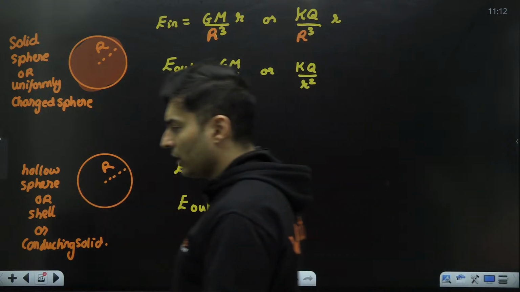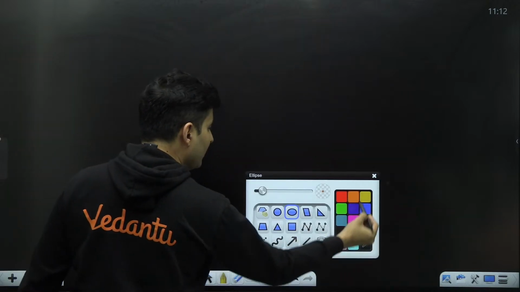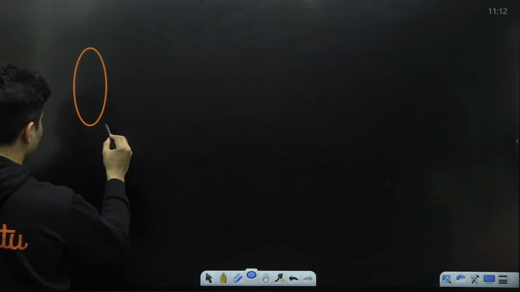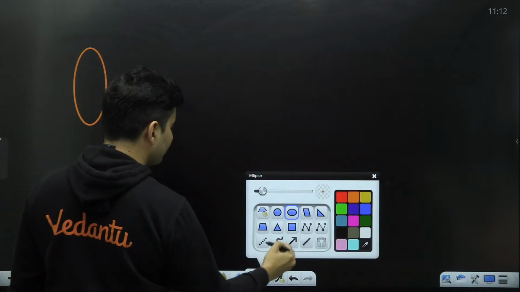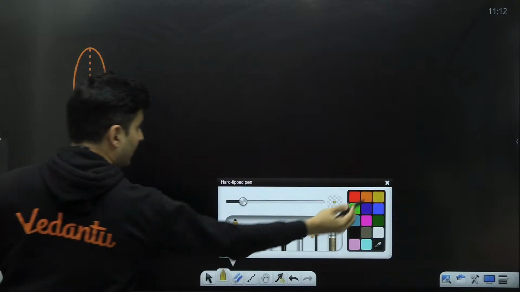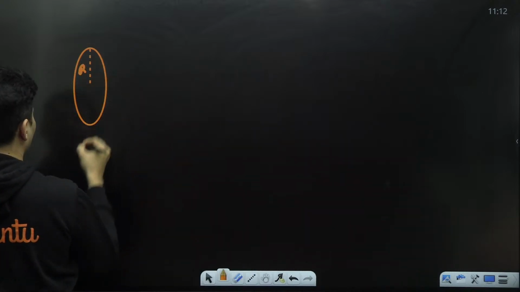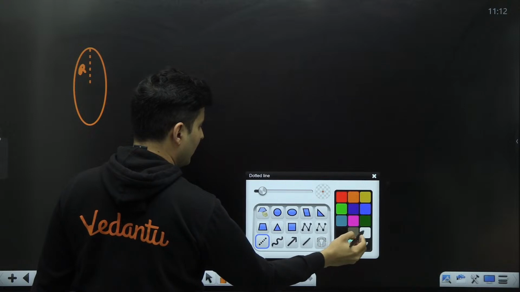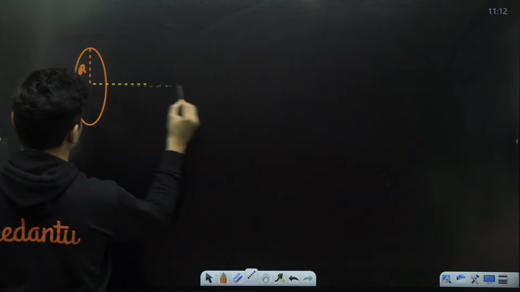Very, very important formulas. The last important formula for field, which you find using the superposition principle, is for a ring, where you have a ring of certain radius, certain mass maybe, and you are placed somewhere on the axis.